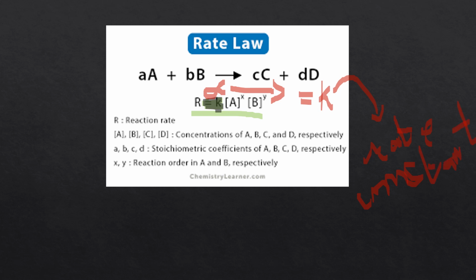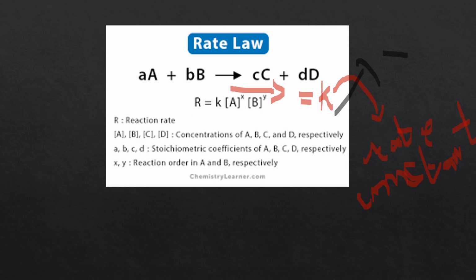Now the rate constant is different for different reactions. It is not permanent, and you do not have to follow one fixed value. Every reaction has a different rate constant, as they have different concentrations and different rates of reaction. So the rate constant is variable.